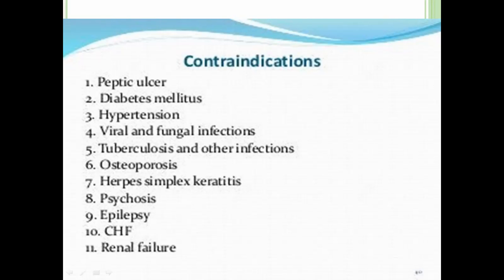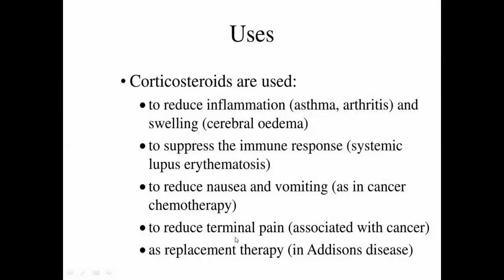The next point is uses. Before the uses, some preparations of corticosteroid: cortisone acetate IP tablets, cortisone injections IP, and also prednisolone tablets IP. These are different tablets or injections of corticosteroids available, used to treat the disorders listed in the uses.